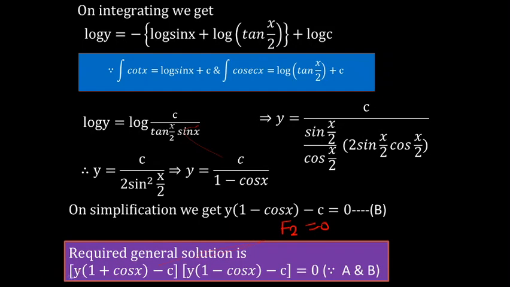That is, y into 1 plus cos x minus c, this into y into 1 minus cos x minus c, equal to 0. So in this way, just by making use of simple formulas of integration as well as trigonometric relations, one can handle the problem of equations solvable for p very well.